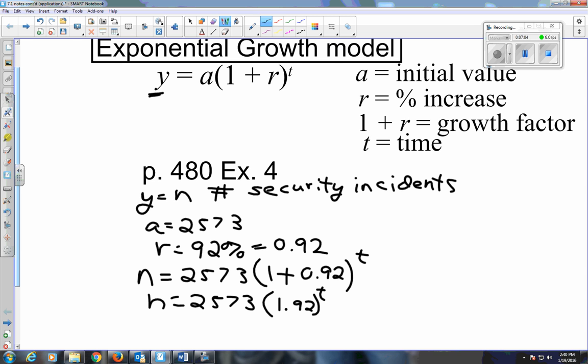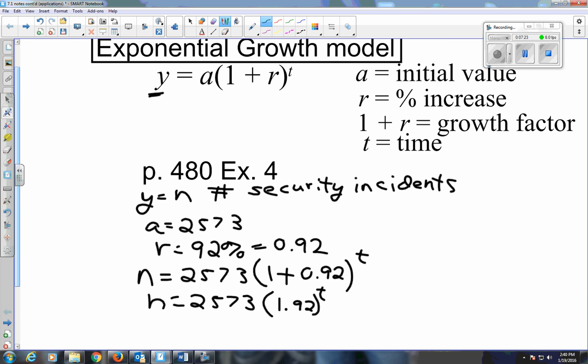And remember, the 2573 isn't raised to the t power; it's just the growth factor. So 1.92 would be my growth factor. So when we talk about writing a model, that's what we're doing. We're writing that equation. You just wrote the model.